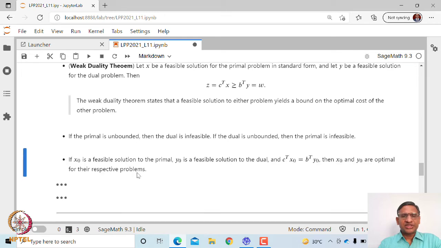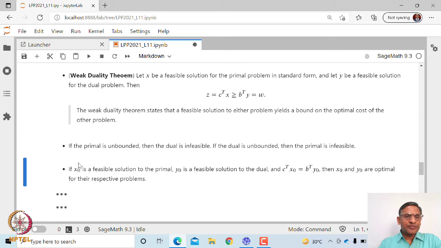The next result says that in case you have found x naught, which is a feasible solution of the primal, and y naught, a feasible solution of the dual, such that the values of the objective functions of the primal and dual at x naught and y naught, that is C transpose x naught and B transpose y naught, are equal, then x naught and y naught are also optimal for the respective problems.